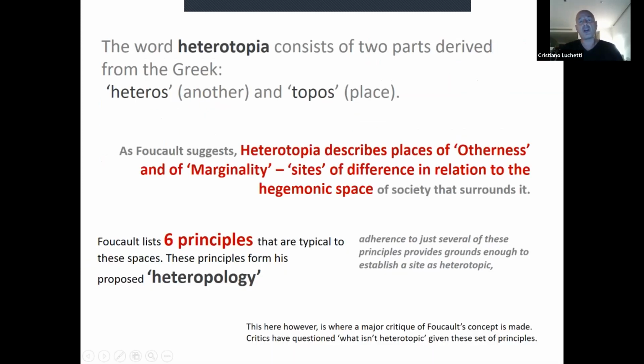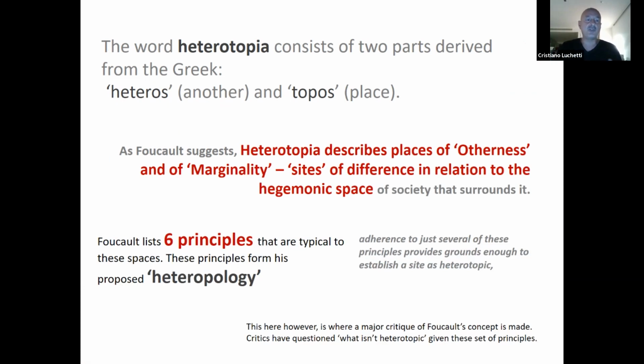The heterotopia describes places of otherness and of marginality, sites of difference in relation to the hegemonic space of the society that surrounds it. So heterotopias are components that are completely marginal to the hegemonic state, to the desert in this case.